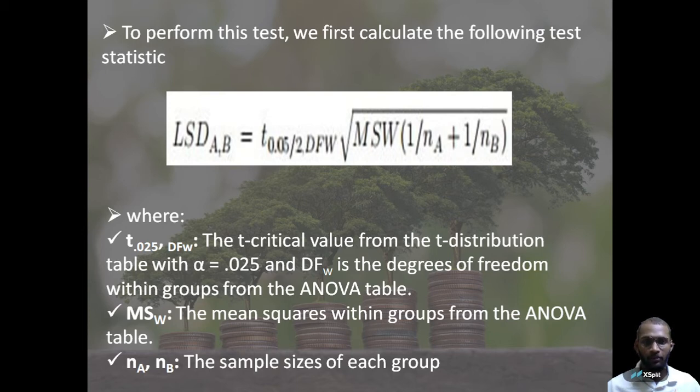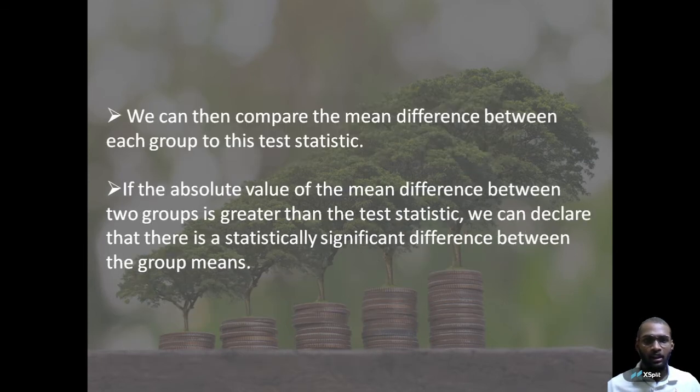The formula is given, so you can refer to it. We can then compare the mean difference between each group to this test statistic. If the absolute value of the mean difference between two groups is greater than the test statistic, we can declare that there is a statistically significant difference between the group means.